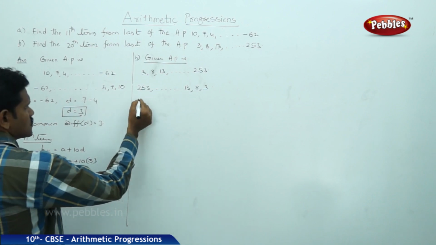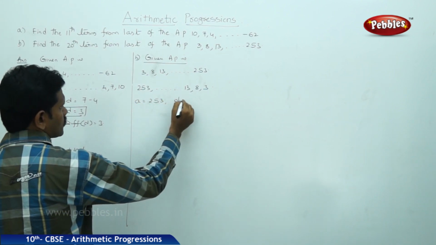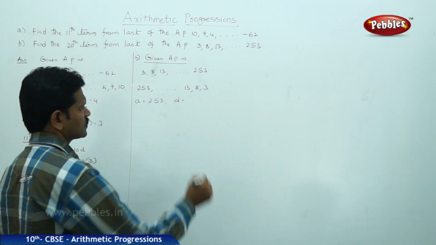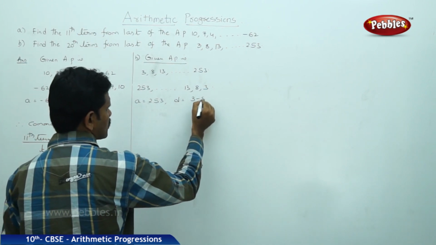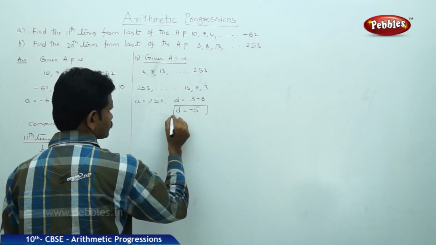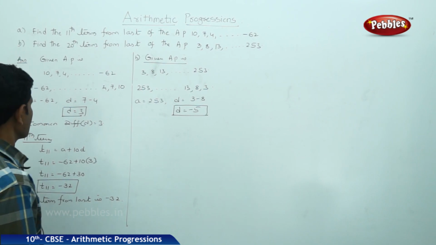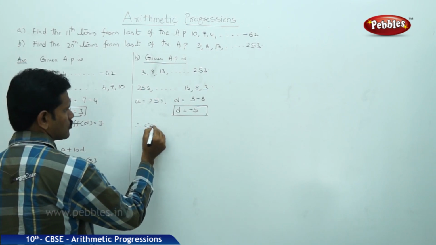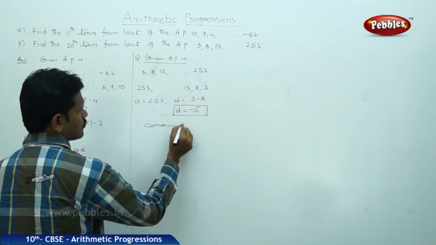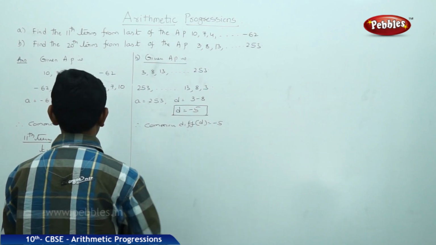Now your A value is 253. The common difference is T2 minus T1. That is 3 minus 8, that is equal to minus 5. Therefore, common difference D is equal to minus 5.